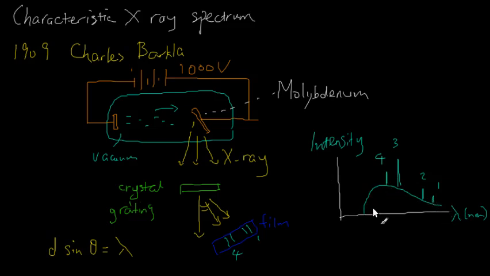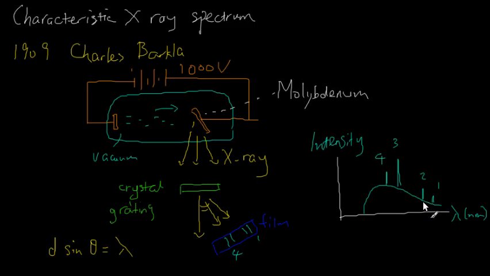Now let's try and understand the features in this spectrum qualitatively. I'll go into more detail later and in the next video. Let's just ignore the peaks for now and look at this continuous, what we call the background.